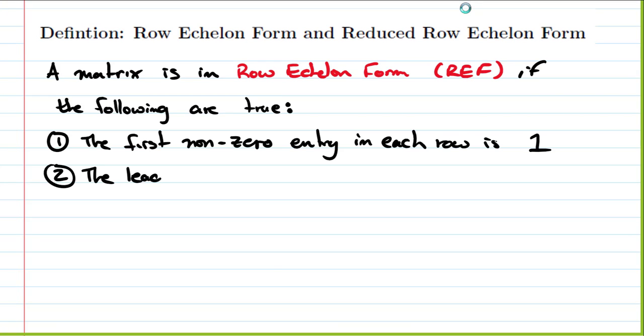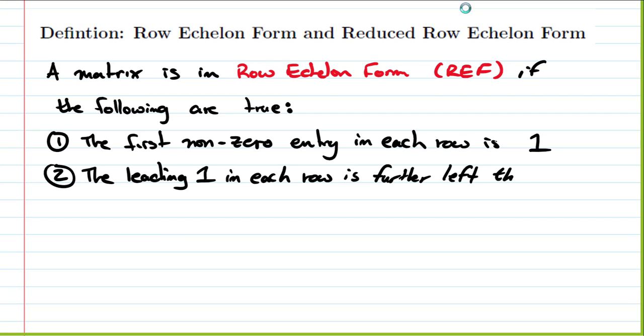2, the leading one in each row is further left than the leading one in every row below it.